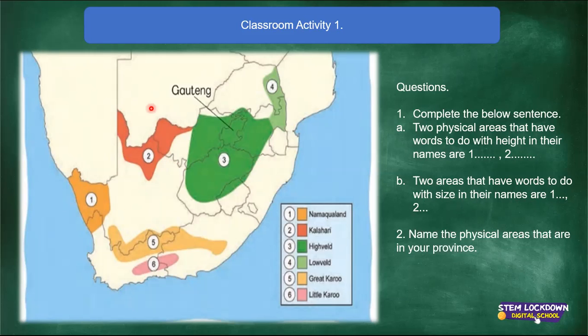Sakura. Yes, ma'am. Ma'am, a physical area in our province is Table Mountain, which is a plateau.